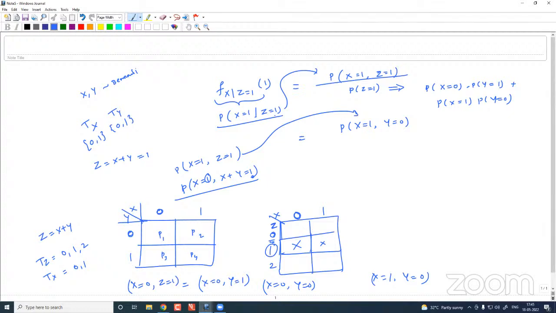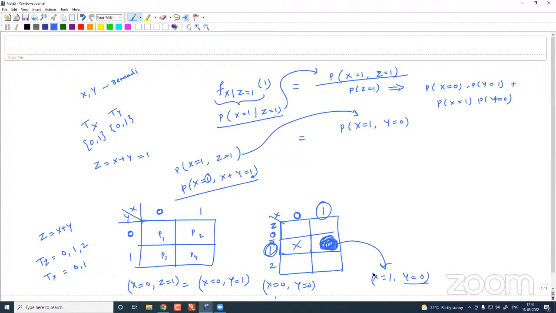You're understanding? Yes. So here when my x equals to 1 and z equals to 1, in that case what will happen? This is nothing but this probability, right? x equals to 1 and z equals to 1. So this is nothing but this probability. There will be y equal to 1 or y equal to 0? 0, right?